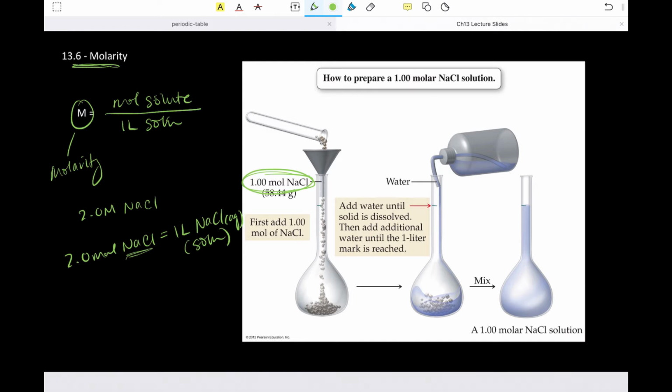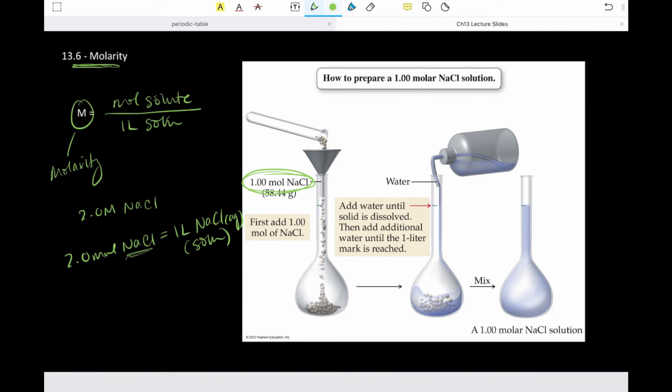Sometimes it's true that the attractive forces between my solute and my solvent are such that they mix so well that the volume remains unchanged. But sometimes they don't and the volume expands. Sometimes they mix so very well that the volume actually gets smaller. And so these are all options. So it's not okay to just say, I added 1 liter of water and added my salt and I made 1 liter of solution, right? Does that make sense? Going back to what's in your book.